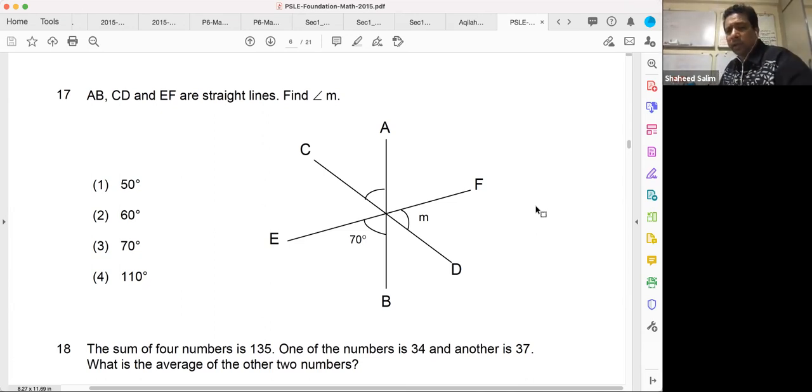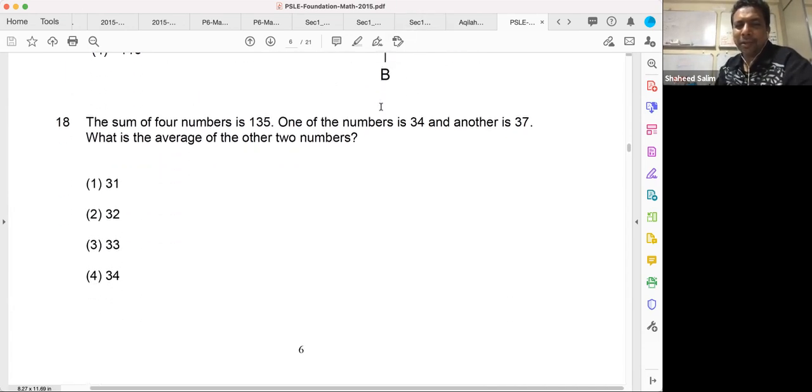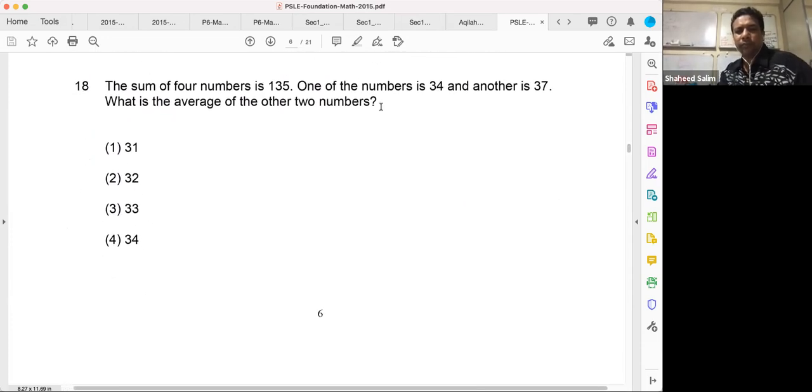Unless you can tell me how you get the answer. I think there's something missing. You use gasak botak method. Cannot use that method lah. Gasak botak doesn't work. Okay.